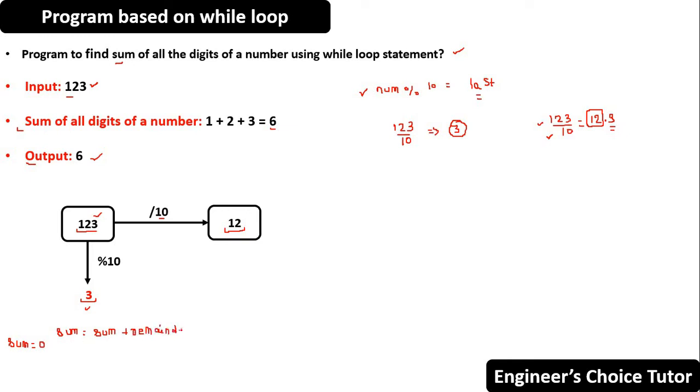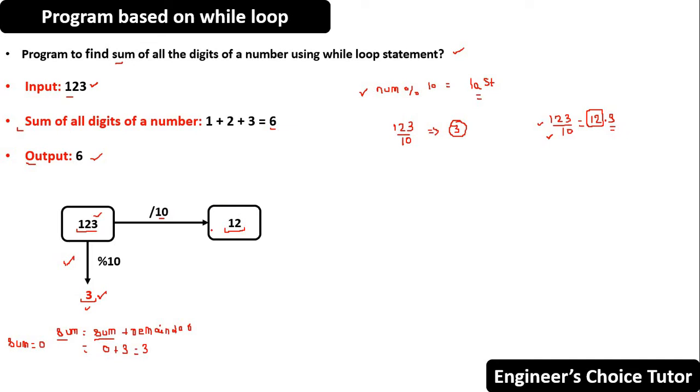If I apply this expression, the initial value of sum is 0, plus the remainder, which is 3. So 0 plus 3 is equal to 3. At this point, what is the value of sum? 3.